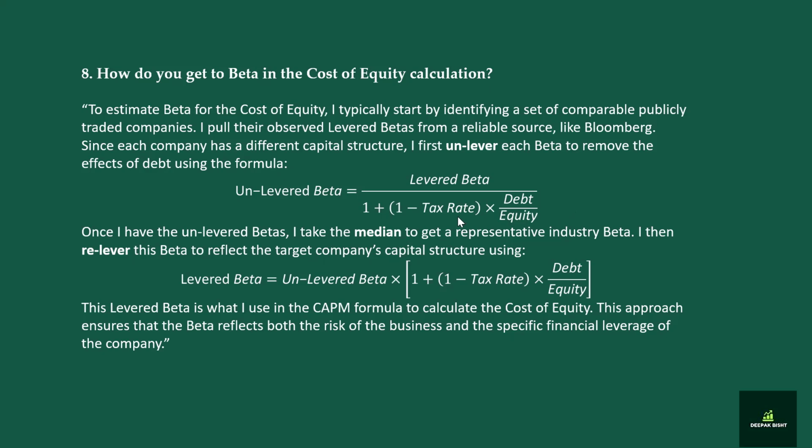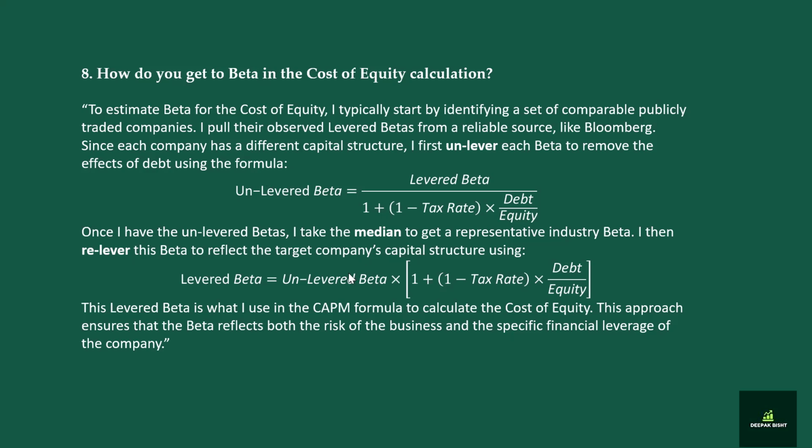This is the formula. How do you do this? Unlever beta. So this is the formula to unlever the beta. This is the levered beta which you are using. You will unlever it by dividing, and multiplying by 1 minus the tax rate of that company's data. Then you will get an unlevered beta.